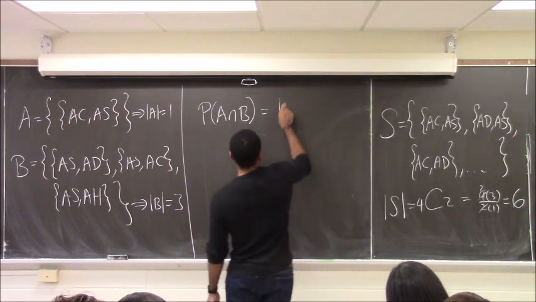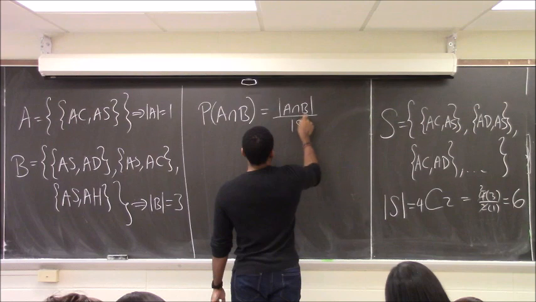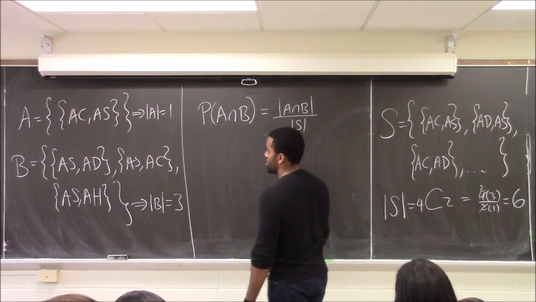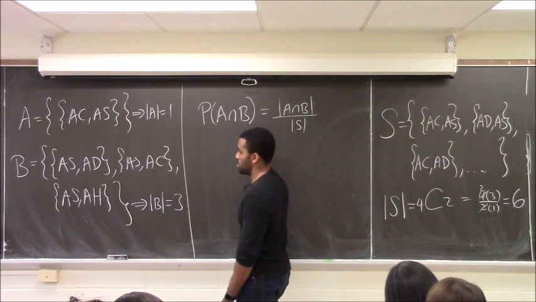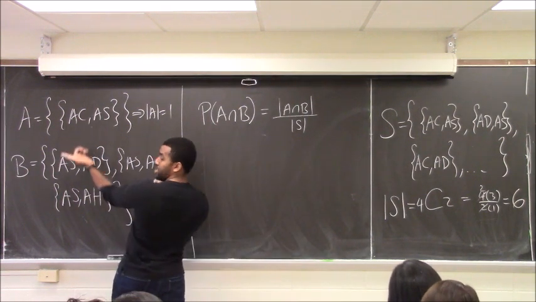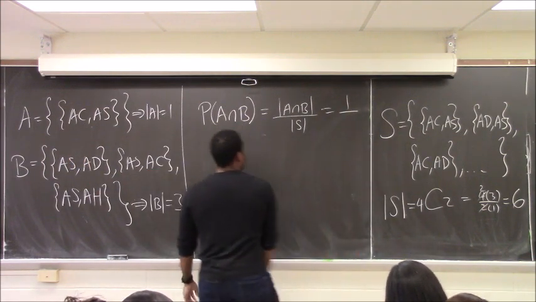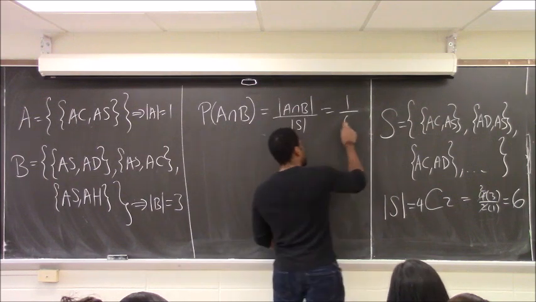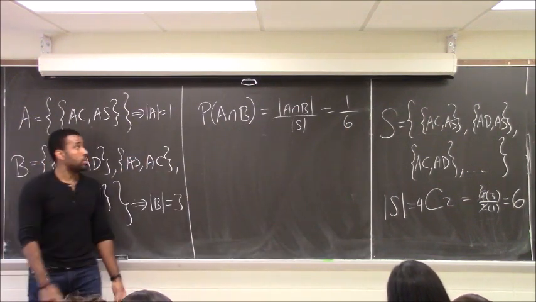Well, that's going to be the size of A intersect B over the size of the sample space. What is the size of A intersect B? 1. What is in the intersection? Well, this guy. That's the only thing in the intersection. There's one thing. What is the size of the sample space? We already found that. That is 6. So the probability of both occurring together is 1/6.